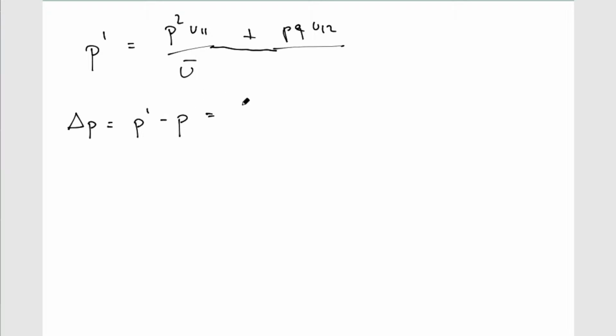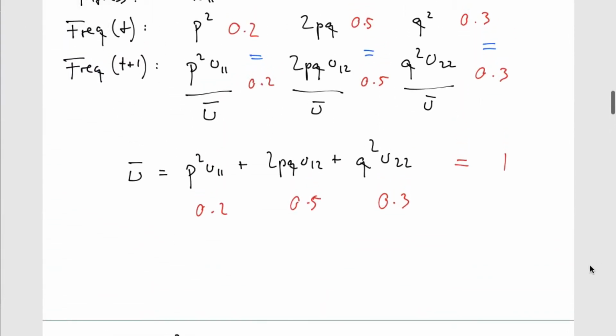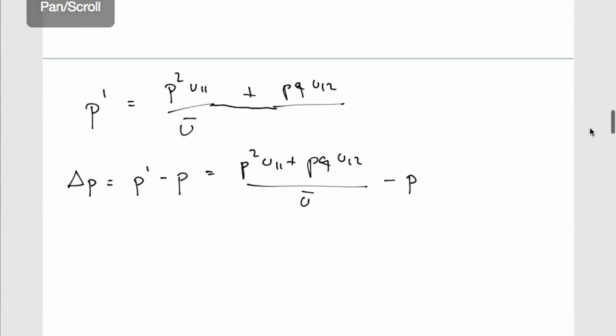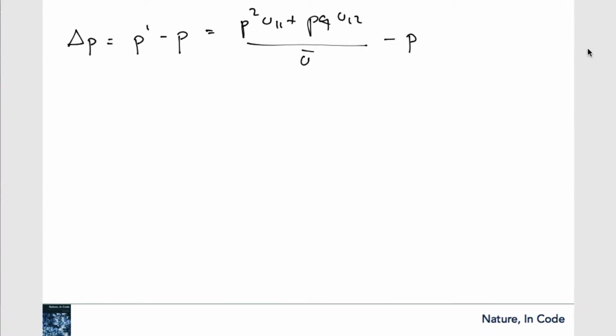And so that is simply this term here, P squared W11 plus PQ W12 divided by W bar minus P. And now if we replace W bar here with this term over here, then this whole thing can be simplified, quote unquote, to the following term.